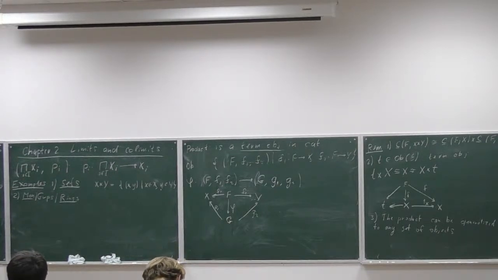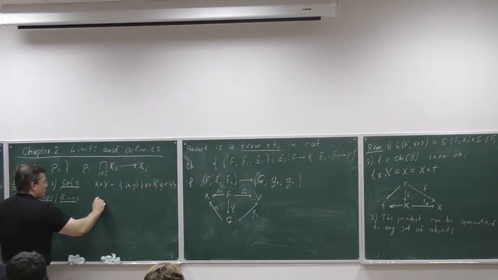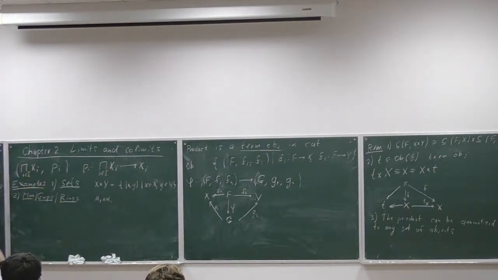Different people can come up with different answers. The answers will be isomorphic, but the answer is not canonical. For monoids, groups, and rings, everything works just fine. You take two monoids, take a product in the category of sets, and then there is a product component-wise. The same for groups, the same for rings. This is what we usually use in the first semester of algebra.